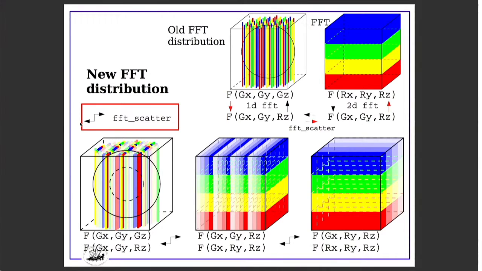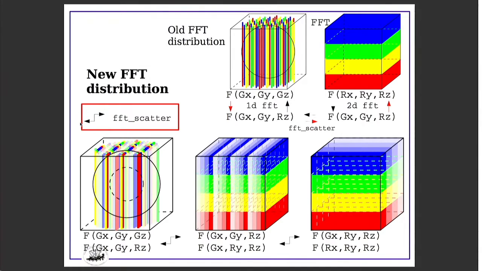You do the FFT along Z, then you scatter inside this group of processors in order to get the data on the YZ-oriented planes. At this point, you have all the data in Z, and also all the data in Y, so you can do a second one-dimensional FFT along Y, because all the data are local.